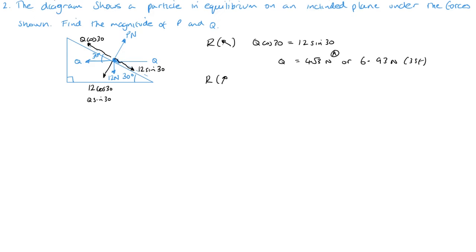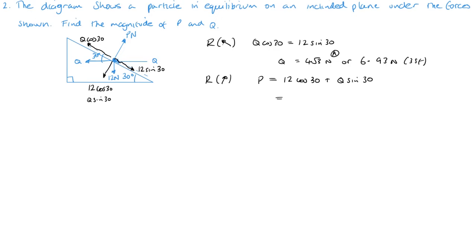Now let's resolve perpendicular. Pointing up we have P, and then down we have 12 cos 30 plus Q sine 30.